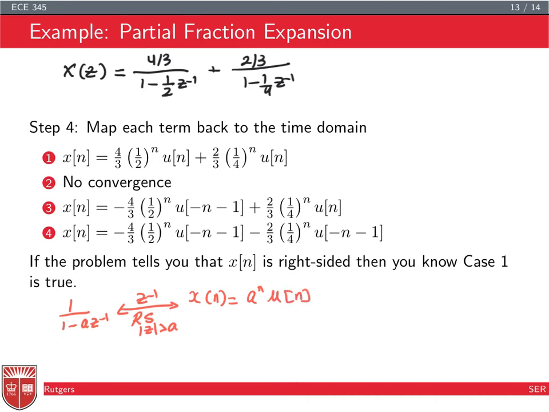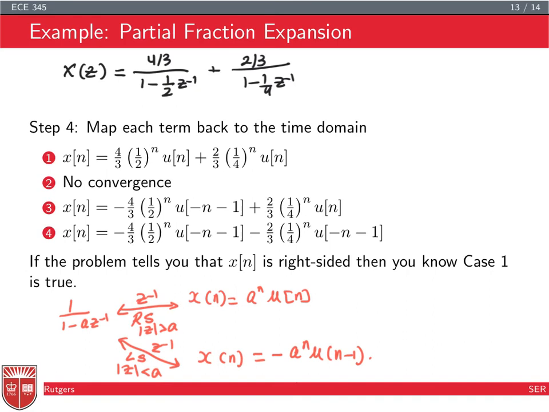And if the signal is left-sided, meaning |z| is less than |a|, then x of n is equal to minus a to the n u of minus n minus 1. So we did these two examples in the very first lecture. And here I just apply these formulas.